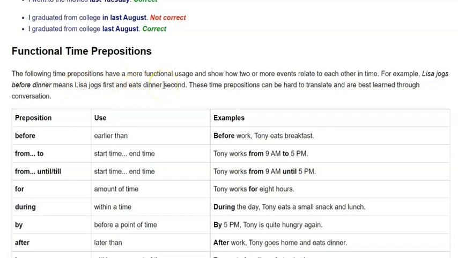So you can see there are two different events: one is jogging and the second one is eating. This is the use case of functional time prepositions when two or more events are used in a sentence. To join such a sentence, we use functional time prepositions. So far so good. What are the different functional time prepositions?